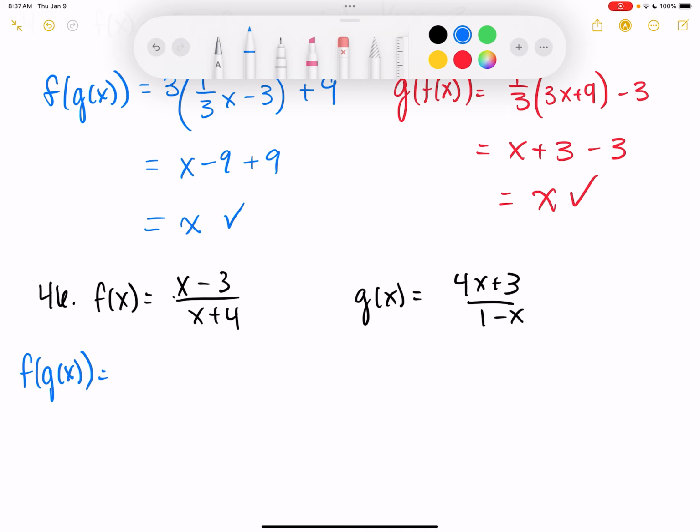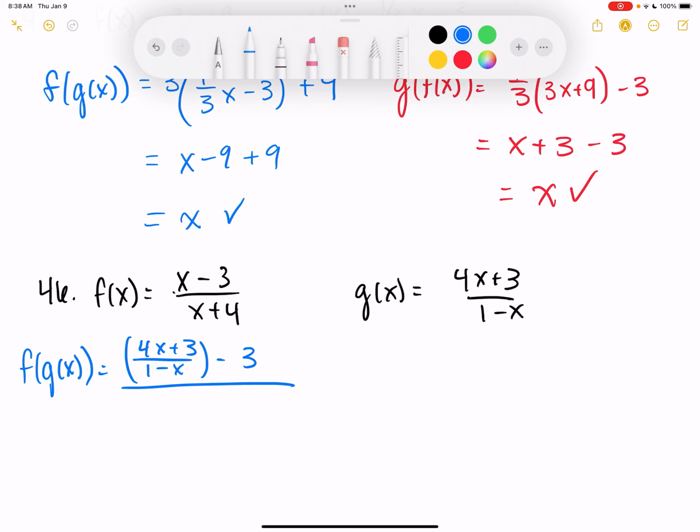So I'm going to put this function in for x both times over here. So on top I have 4x plus 3 over 1 minus x minus 3 over on the bottom 4x plus 3 over 1 minus x and then plus 4.